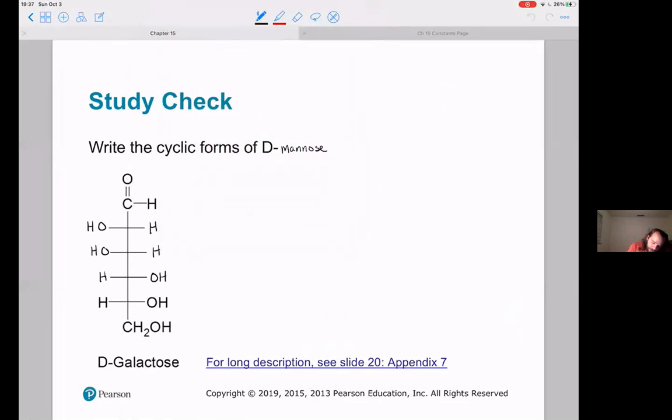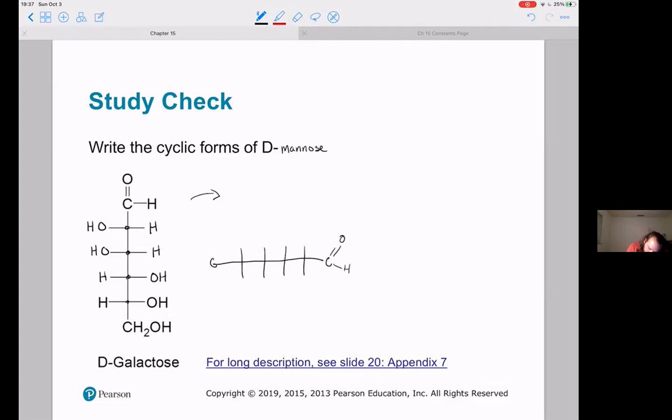Okay, so step 1, we're going to flip it on its side. Here we have our aldehyde group. Make sure I have the correct number of bonds: 1, 2, 3, 4.